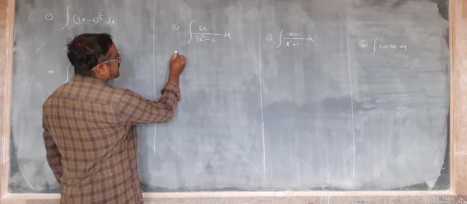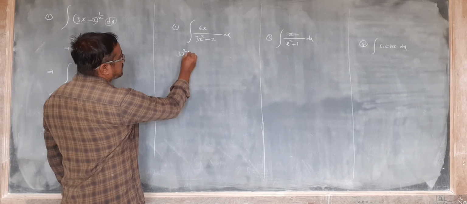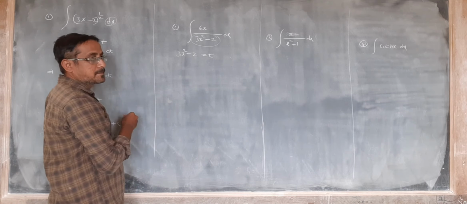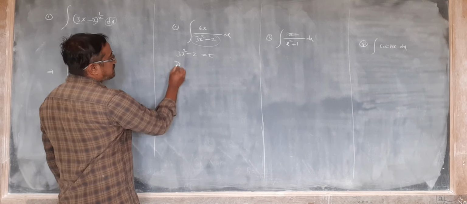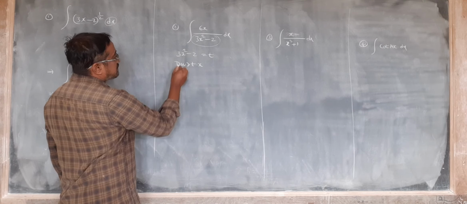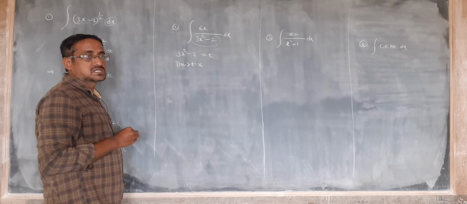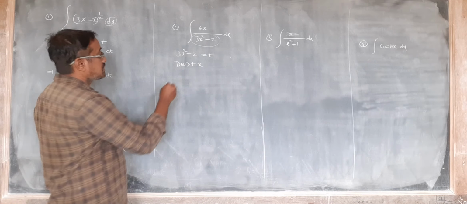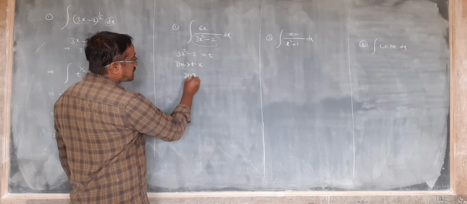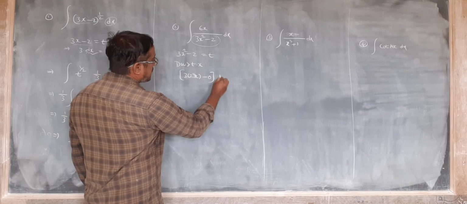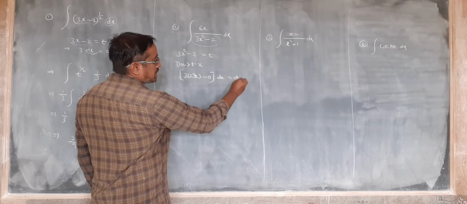Now if you take 3x square minus 2 as t, what is its derivative? Differentiating with respect to x, the derivative of x square is 2x and the derivative of a constant is 0. So it will be 3 into 2x dx is equal to dt.